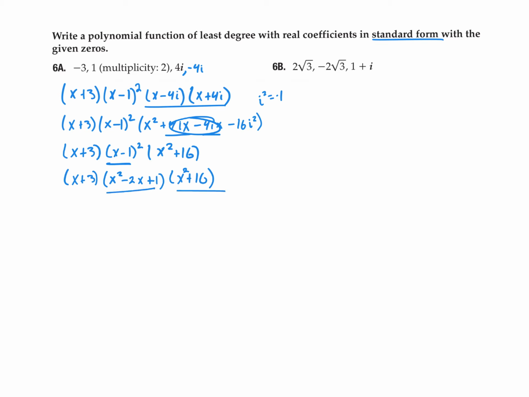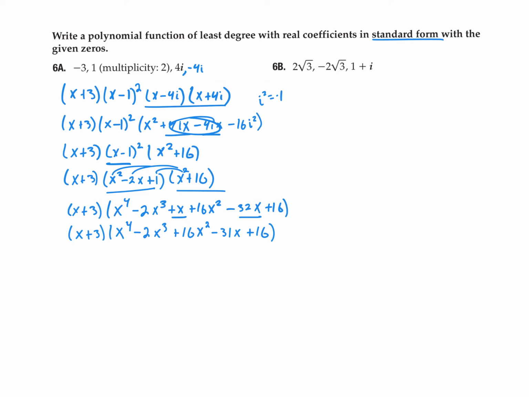Multiplying this and this together, we get this whenever I go shoo, shoo, shoo. And same with the 16. I can combine this plus and this. And then finally, I need to multiply this by everything in there.